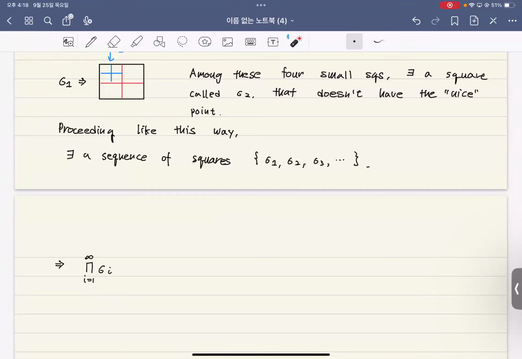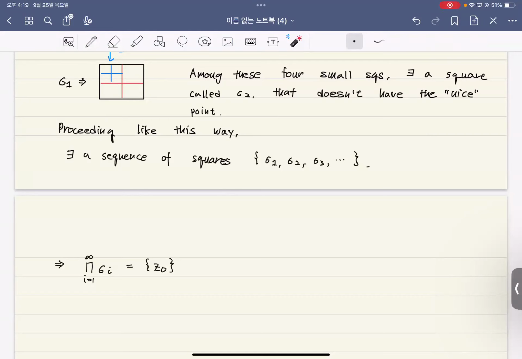So it's getting smaller and smaller, and therefore there must be precisely one point that lies in this infinite intersection. I'm going to call this point z0. Okay. Great, we are almost done.